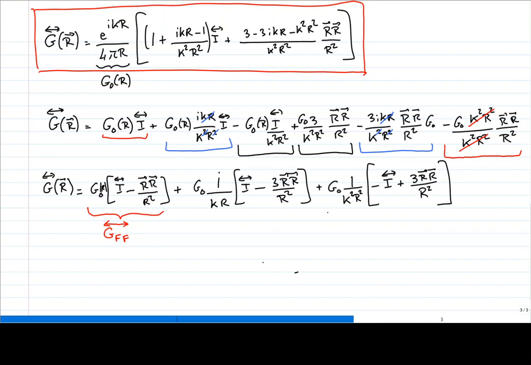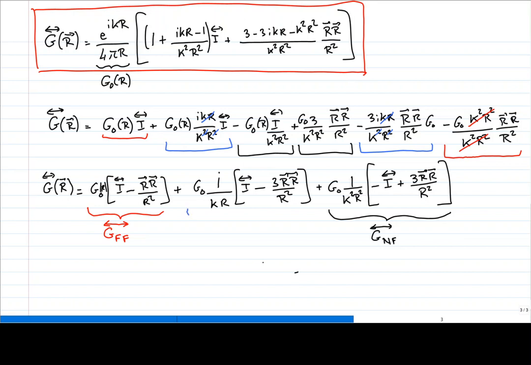The last term, which is right here, with dependence on 1 over k²r², is a near field term. So this is looking at the electric field at a very short distance from the source. So this is a local field.